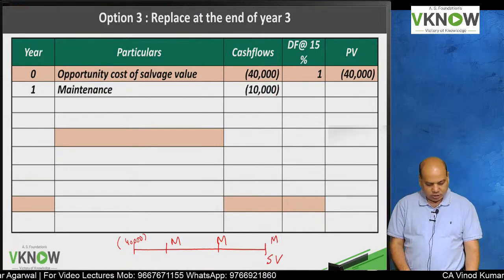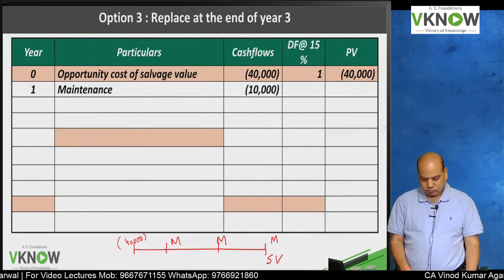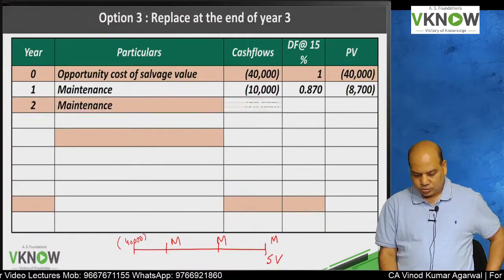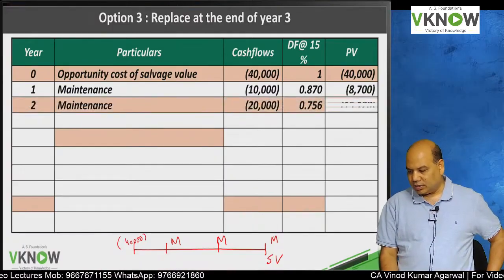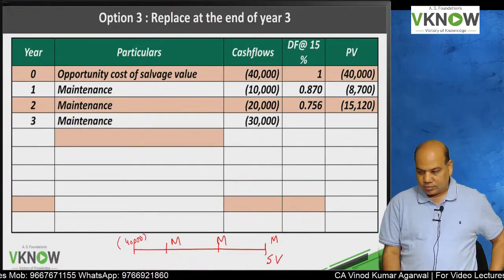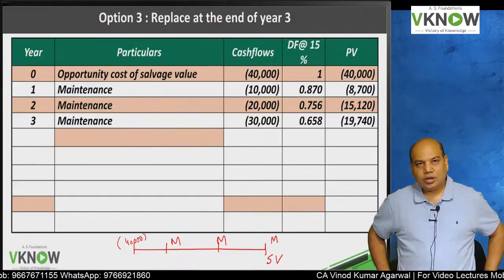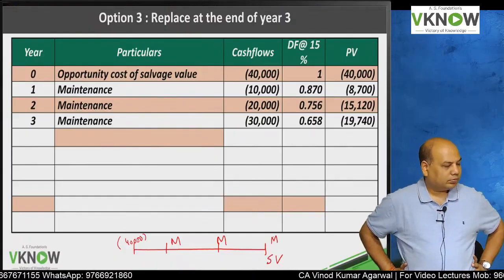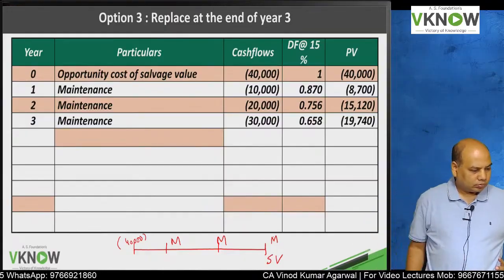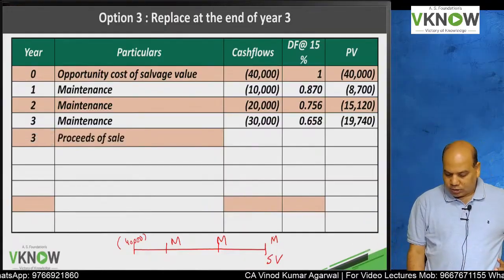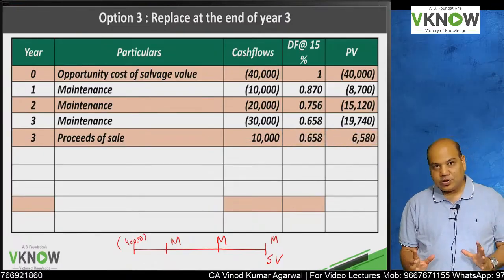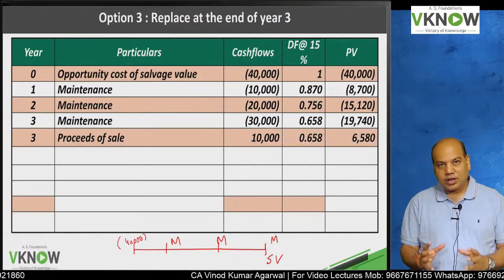Then write down maintenance 10,000, year 2 maintenance 20,000, year 3 maintenance 30,000. Compute present value also. Then in year 3 there is a sale proceeds 10,000.